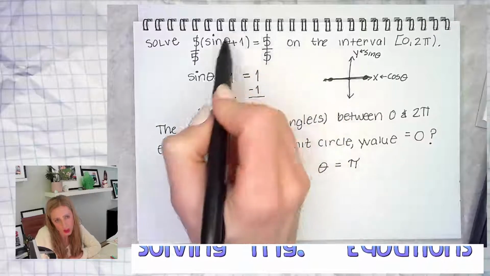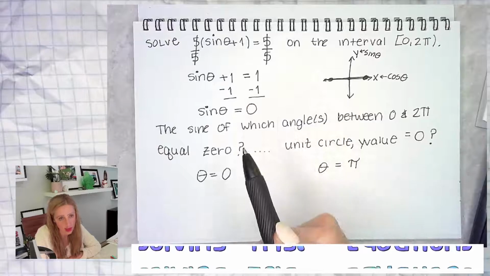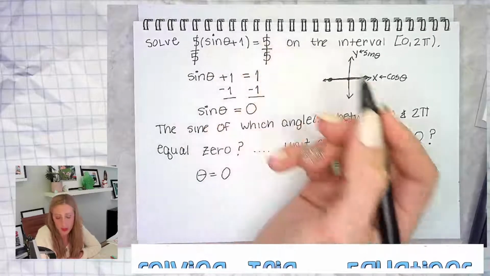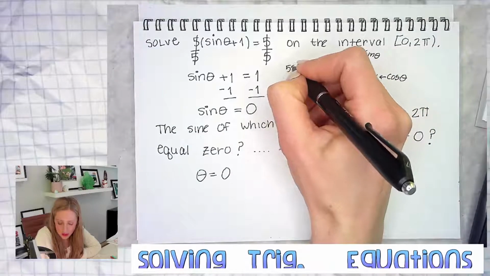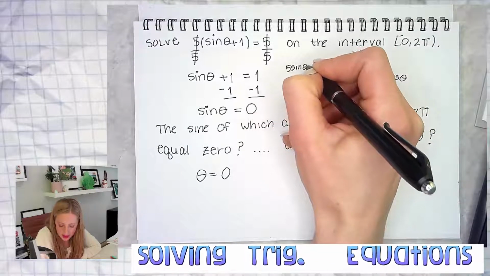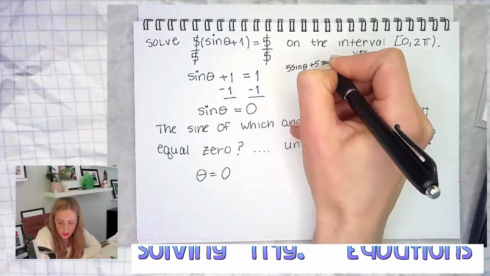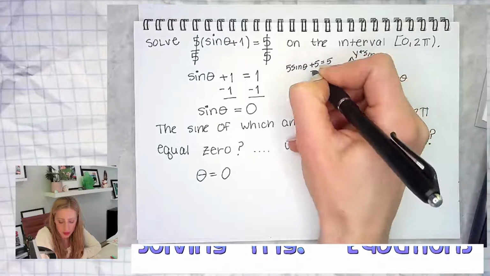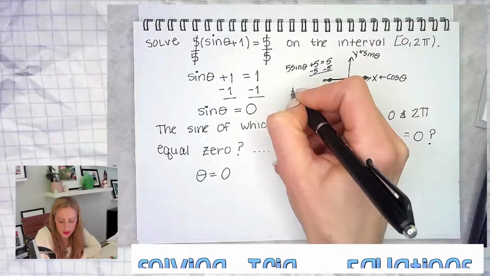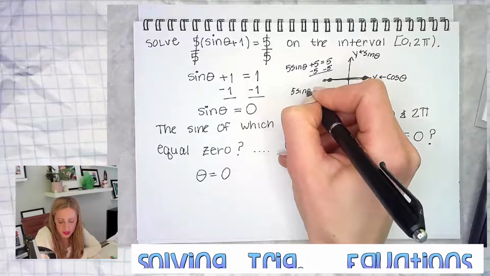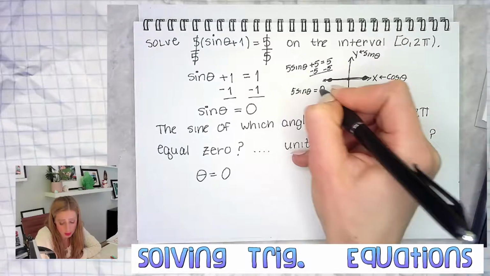You also could have distributed the 5 if you wanted, right? I feel like a lot of people like to distribute. So maybe you got 5 sin θ plus 5 equals 5. But you could subtract 5 from both sides. 5 sin θ is equal to 0.